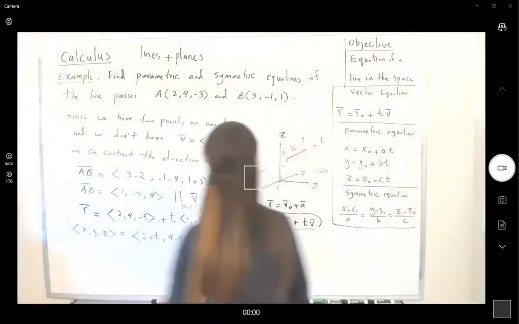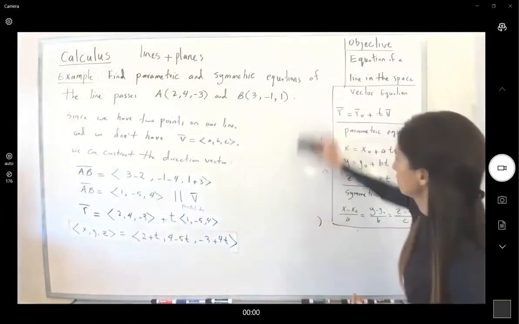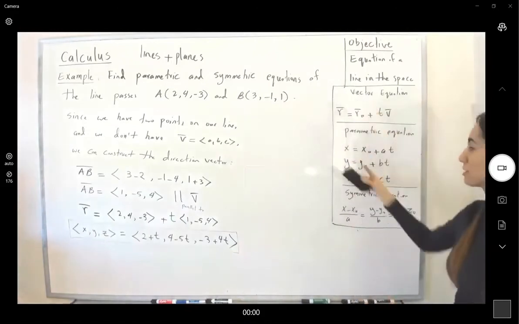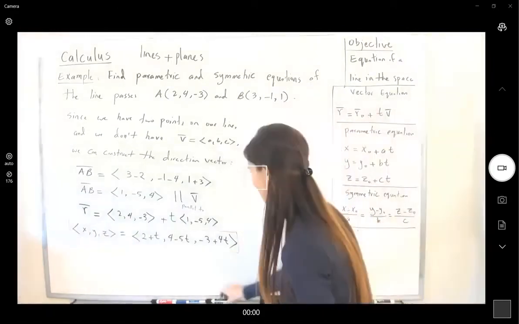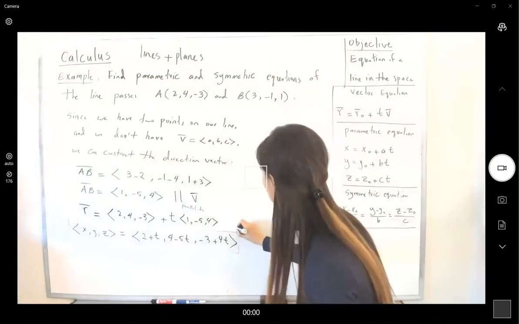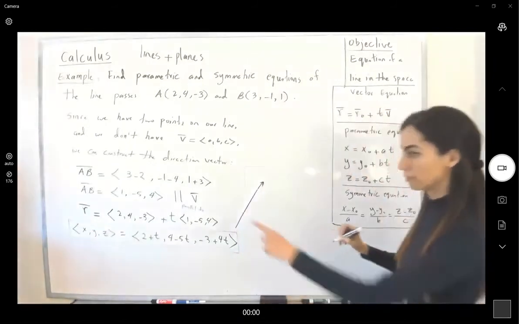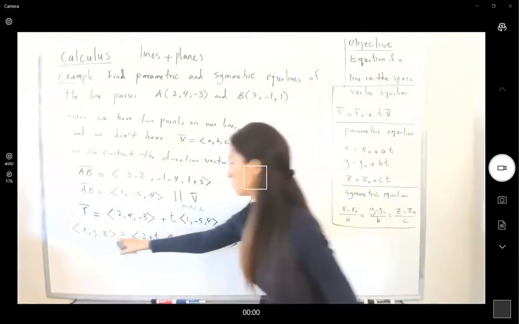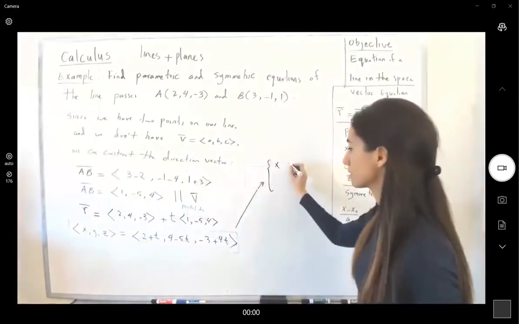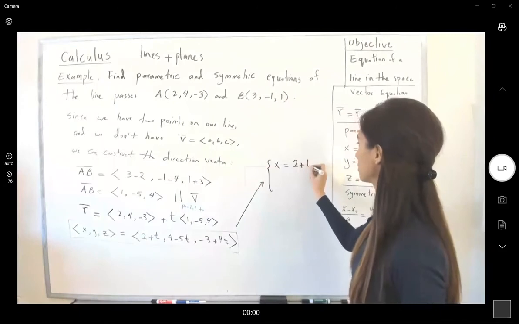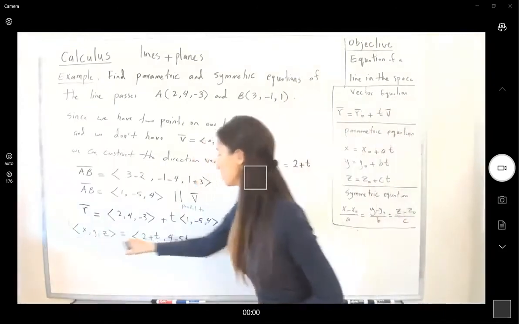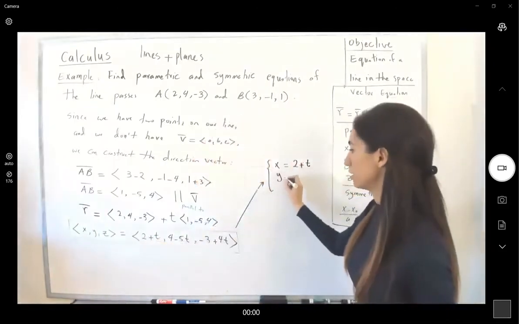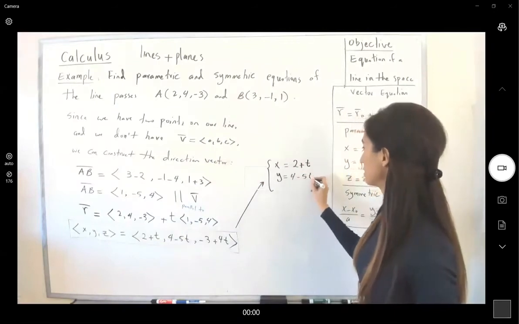There you go. Now that we have the vector equation, the rest is easy. To write the parametric equation, x, the first component, is equal to the first component. x is equal to 2 plus t. The second component is equal to the second component. y is equal to 4 minus 5t.